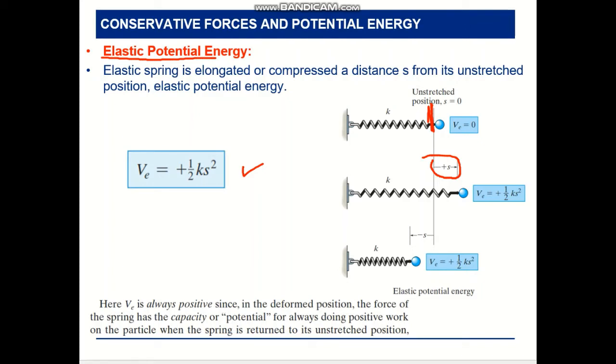What it means is that when we stretch or compress, it's going to try to come back to the unstretched position, so it's going to be like sinusoidal motion, right? Like wave motion, it's going to go and come back, go and come back, until due to the friction it stays in the unstretched position. So it doesn't matter if you stretch or compress, it's going to gain energy, not lose energy.